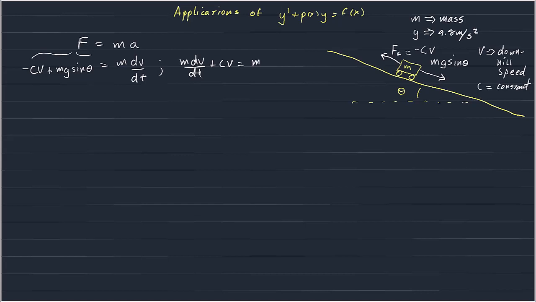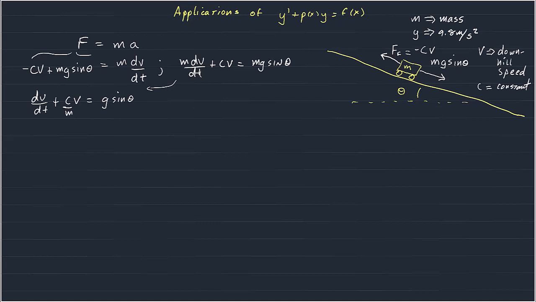So that's mg sine theta. Or we can rewrite this again as dv/dt plus (c over m) v is equal to g sine theta. I'm dividing both sides by m.